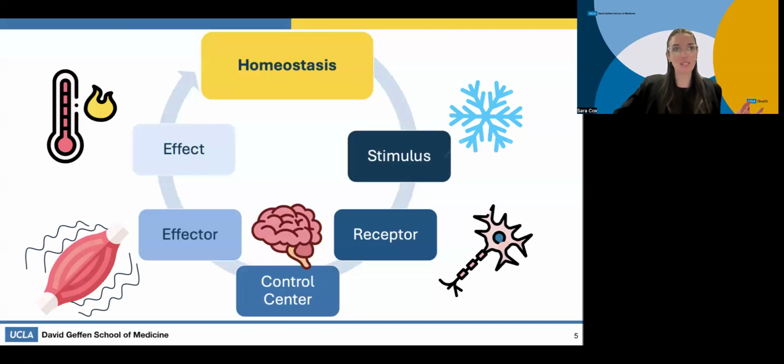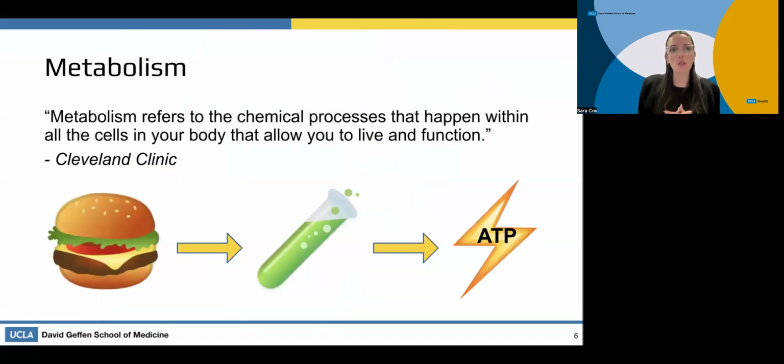And in order to maintain homeostasis, your body needs energy. It needs energy to shiver these muscles or to help you take up glucose. All different kinds of things that the body does, they all require energy. And so how do we create that energy? Well, we do that through metabolism.